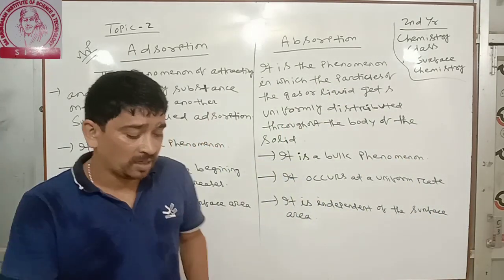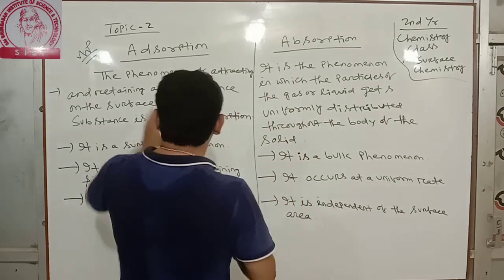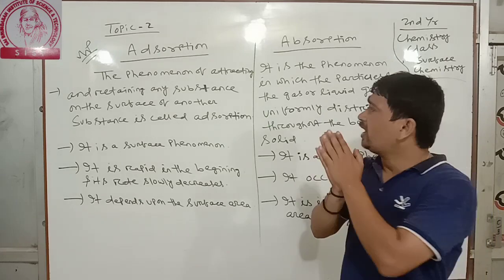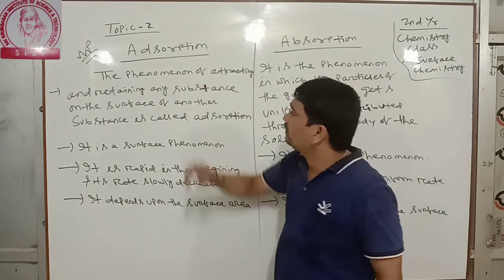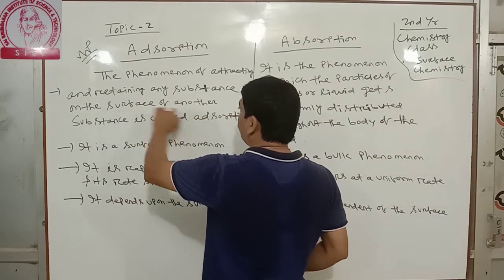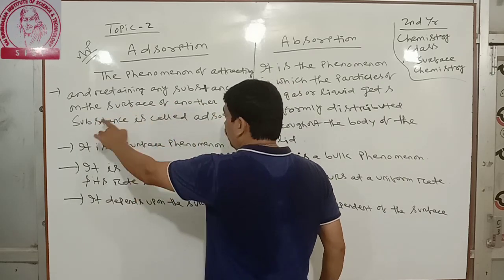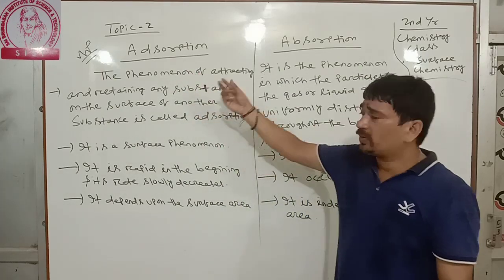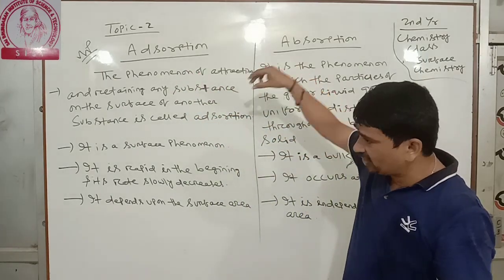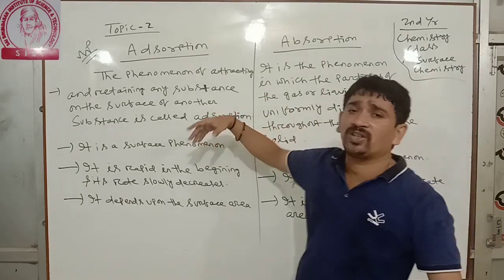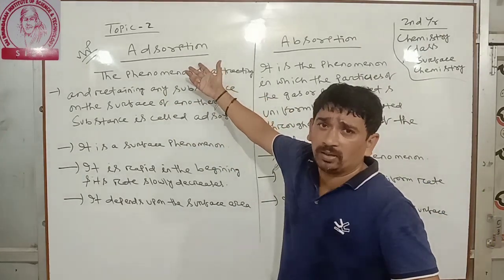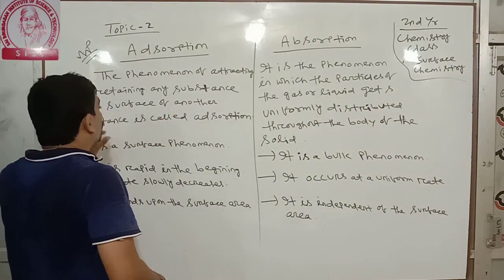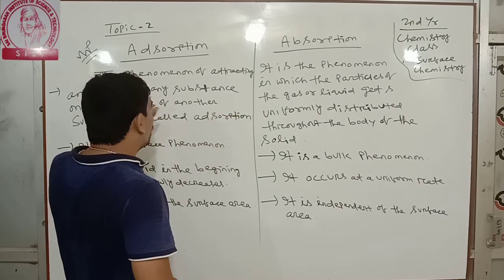Look at it. These are the important points we have to discuss. This is a very important question. This is the biggest difference between adsorption and absorption. First, the definition of adsorption: the phenomenon of attracting and retaining any substance on the surface of another substance is called adsorption, or the process in which the adsorbate gets adsorbed on the surface of the adsorbent is called adsorption.